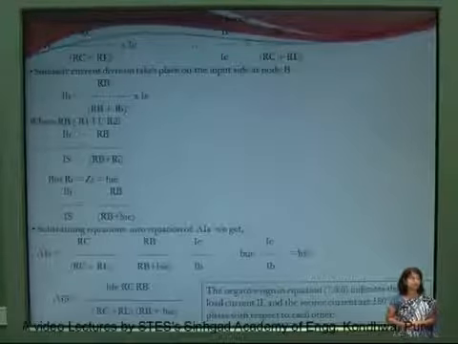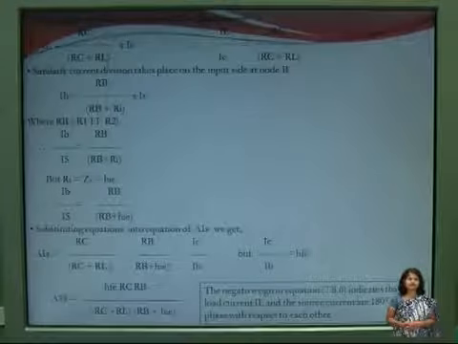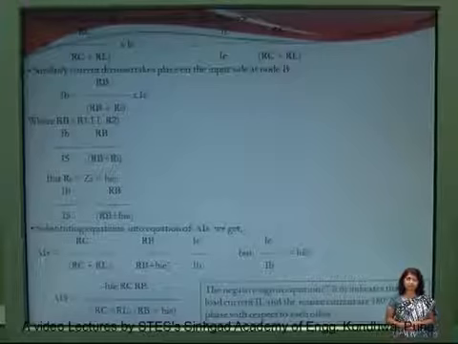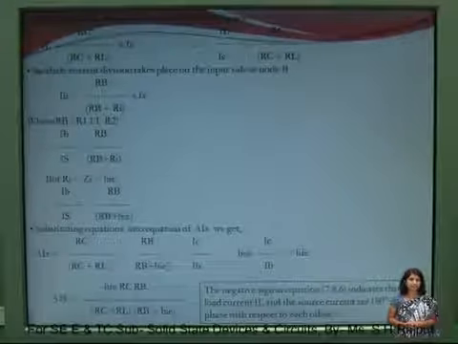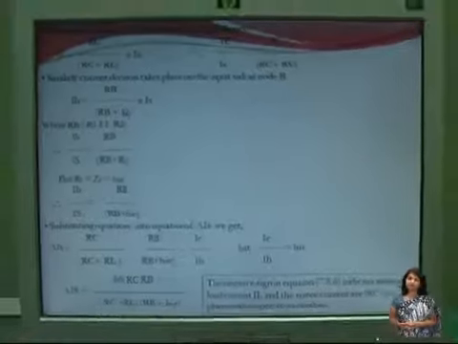So IB divided by IS is equal to RB divided by RB plus RI. But Ri is nothing but Zi, the input impedance HIE. Hence IB by IS is equal to RB divided by RB plus HIE.